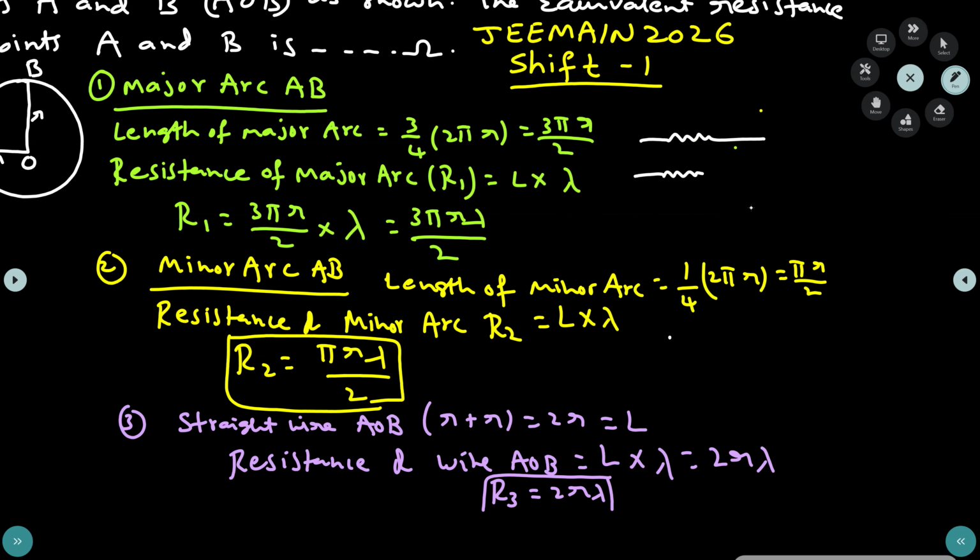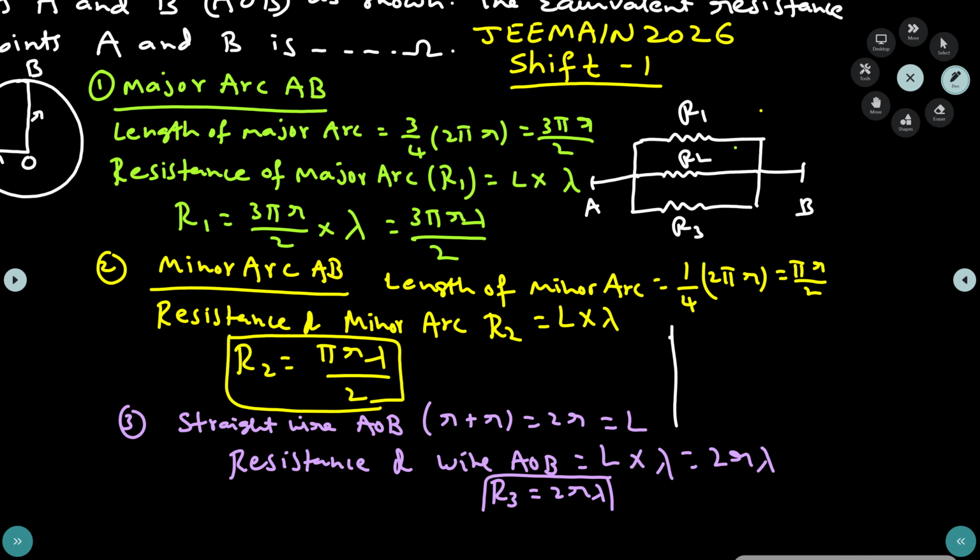So finally, R1, R2, R3 are connected in parallel. So you have to apply the equivalent resistance between points A and B.